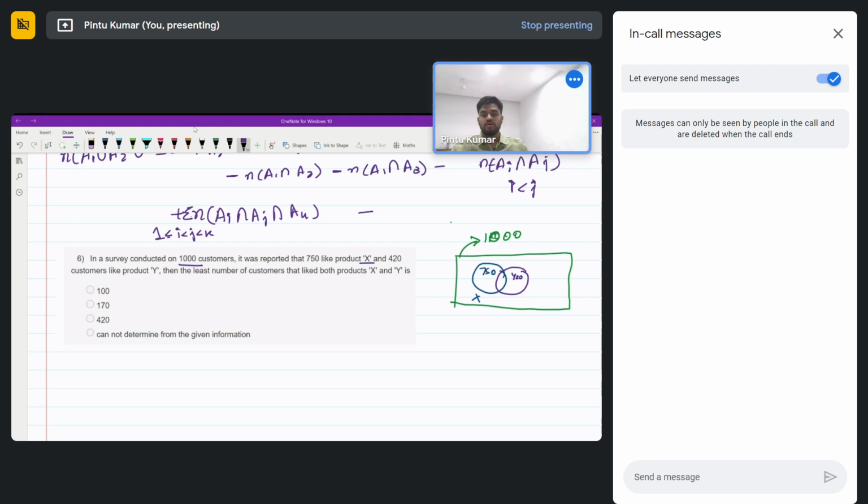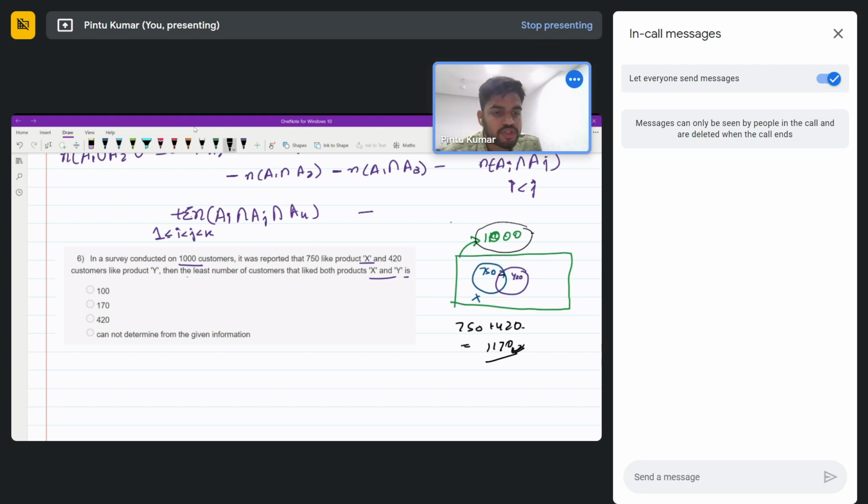So the question asks: what is the least number of customers that like both products X and Y? Now if you sum up these two values, 750 plus 420 is 1170, right? So it is exceeding the number of people on whom the survey was conducted. So why is it happening?